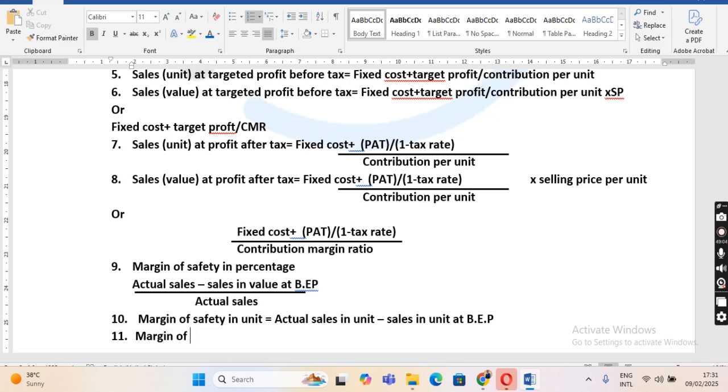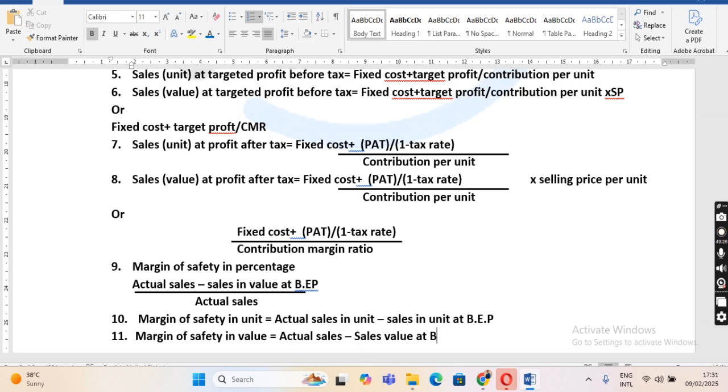Margin of safety in value is the actual sales minus the sales value at BEP.